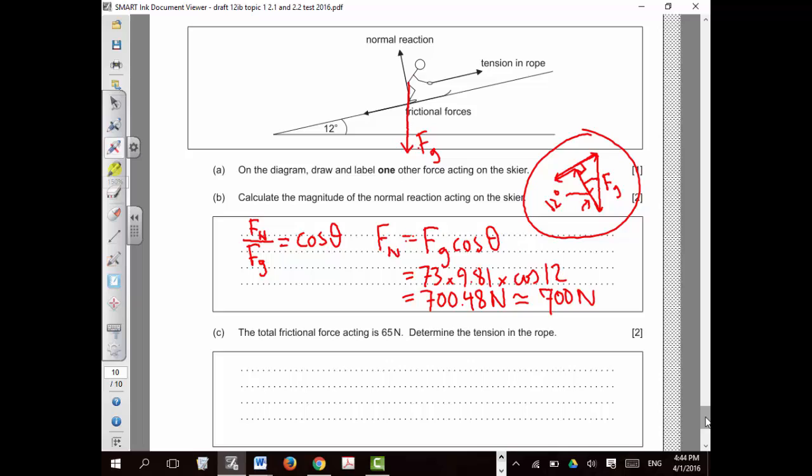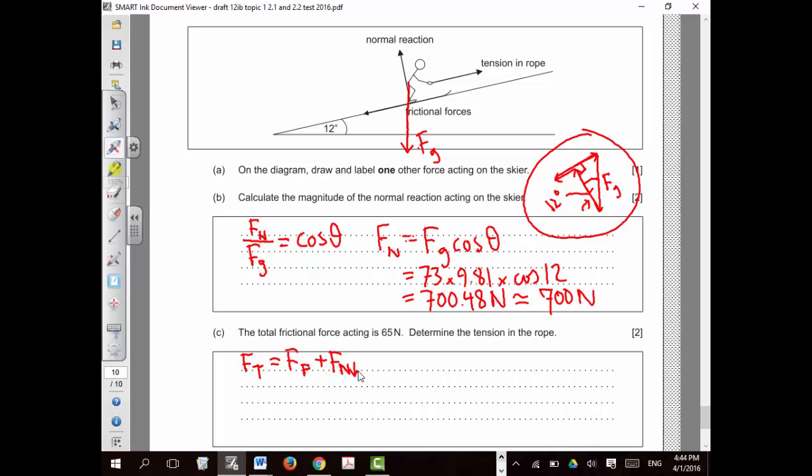So, F tension must be equal to F friction plus this other little force. We can call it normal reaction, normal, and let's just put a down arrow.